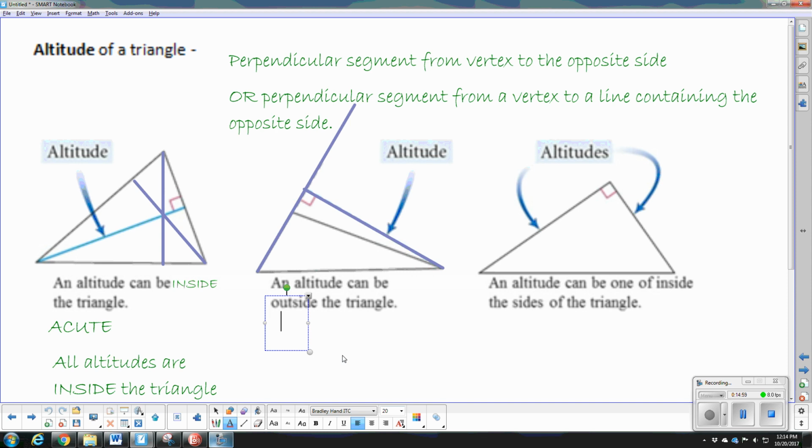So this is an obtuse triangle. And we'll look at all the altitudes, but this first altitude is outside of the triangle. The second one is inside the triangle. And then this third one, we would again have to extend this line of the triangle out here so that when we measure the altitude from this vertex, we could meet it at a 90-degree angle.